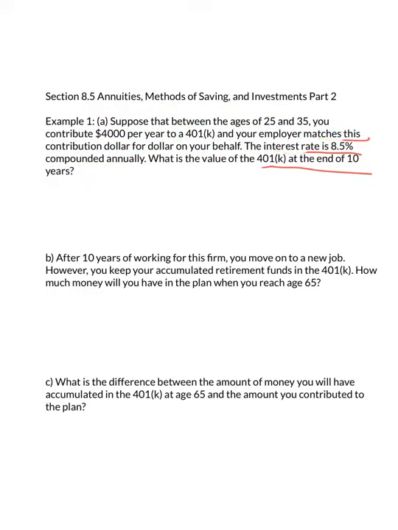So to begin, let me go ahead and rewrite that overall total amount formula that we talked about in the previous video. Total value for an annuity, such as a retirement plan like this.